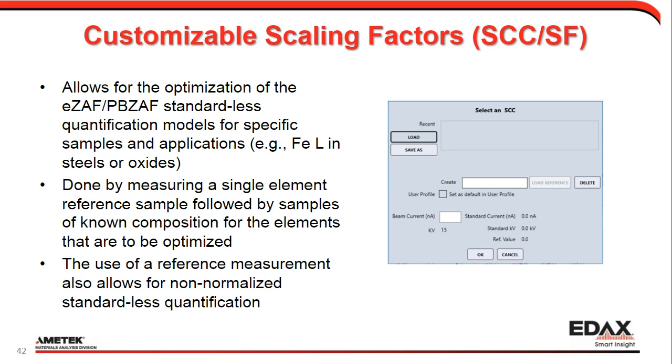Calculation of this factor is done by measuring a single element reference sample, followed by samples of known composition for the elements that are to be optimized. It also comes with the benefit that the use of a reference measurement allows for non-normalized standardless quantification.